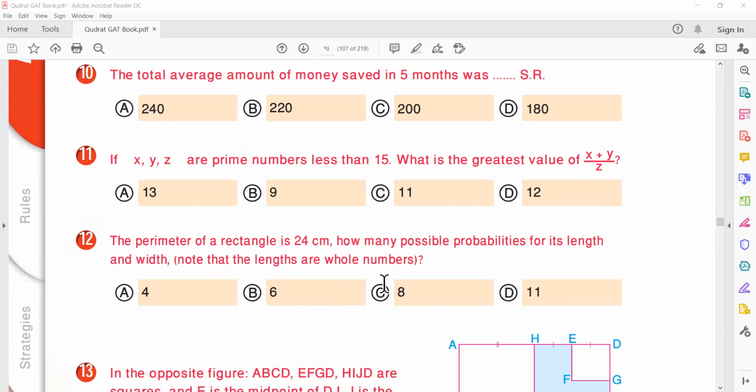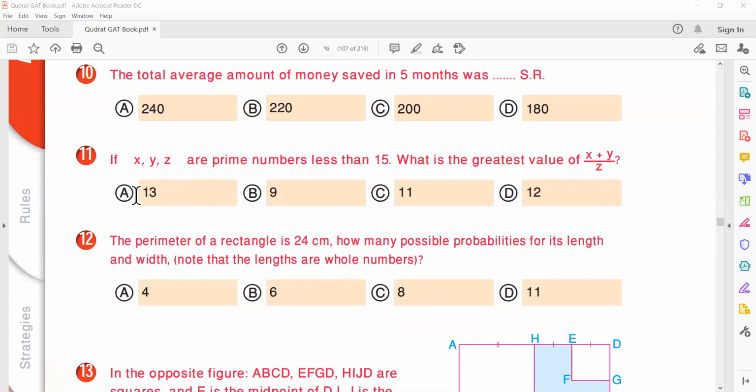Of course, no. Why? Because 9 is divisible by 3, 1 and 9. I have 3 factors. So if you have only 2 factors, then we call it a prime number. Do you remember?